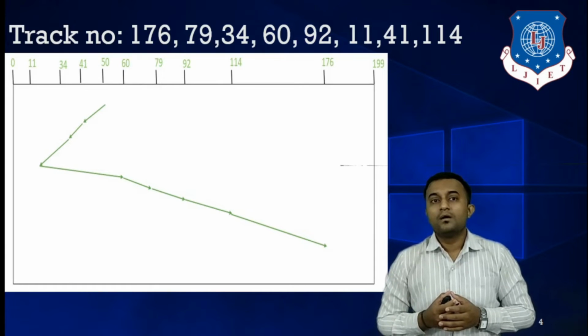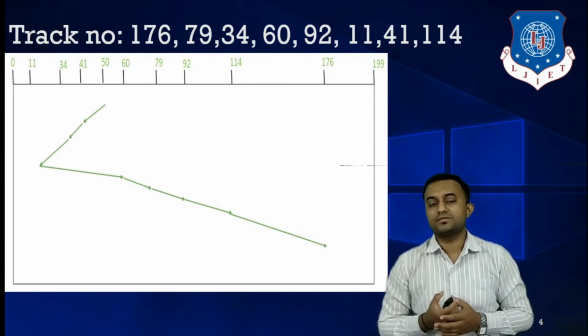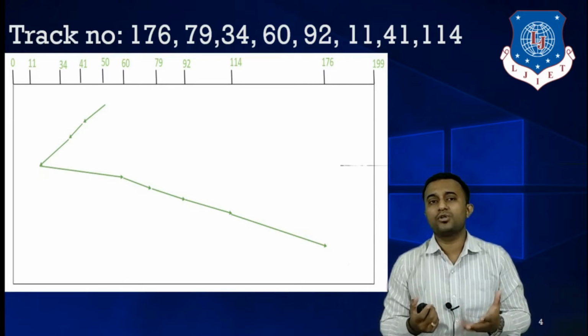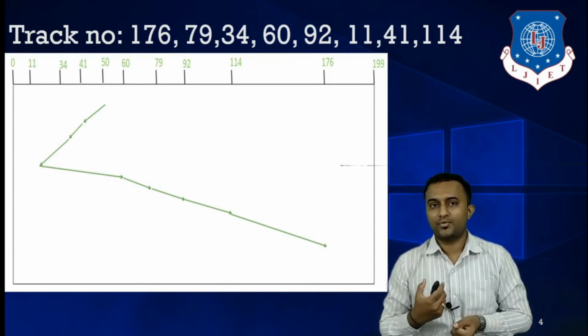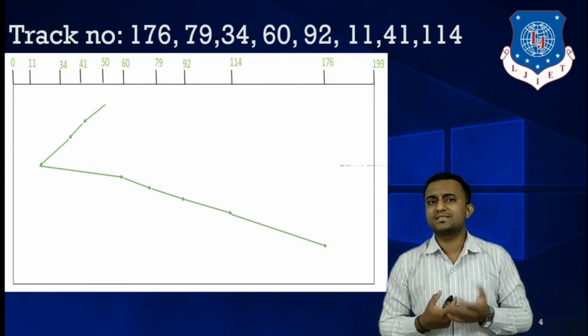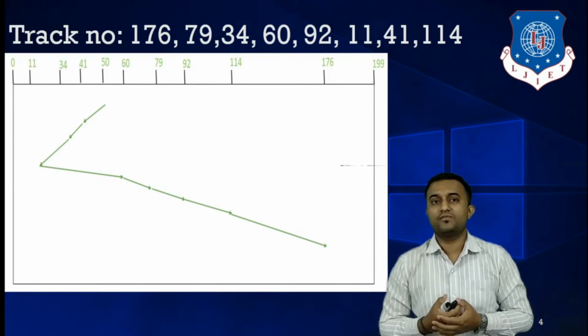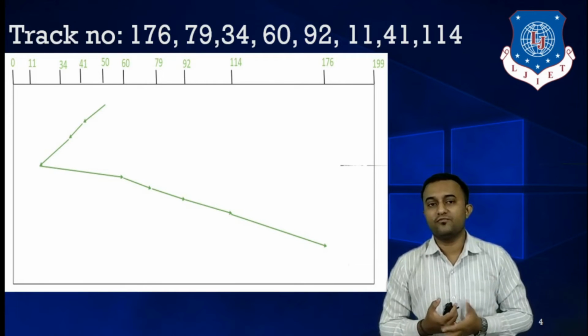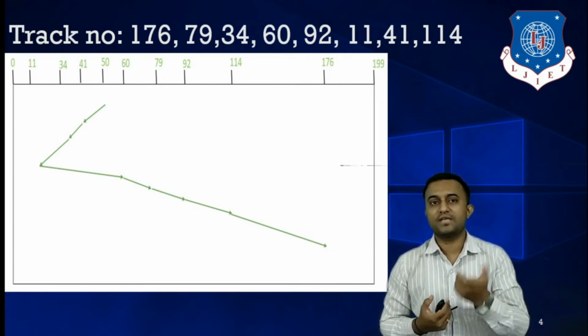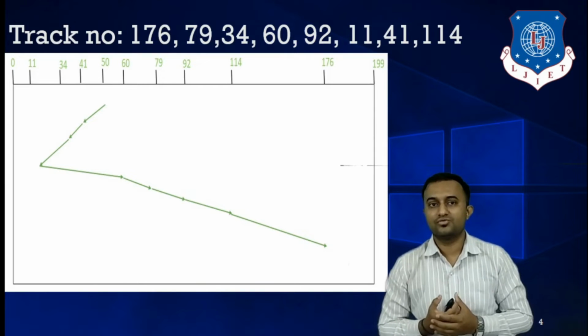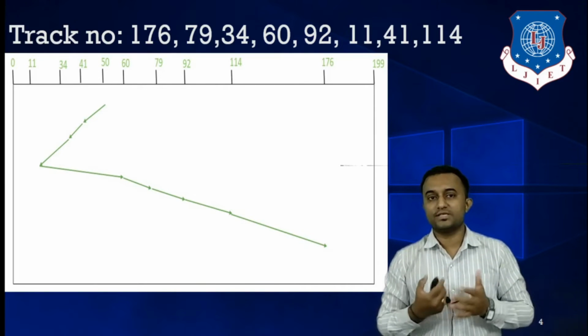Now, in first come first serve, without bothering about any logic, we are scheduling the process for execution just based on the arrival time. But in this case, instead of arrival time, we need to focus on shortest seek time first. That means we need to consider the shortest seek time to schedule the process or place a request for execution.